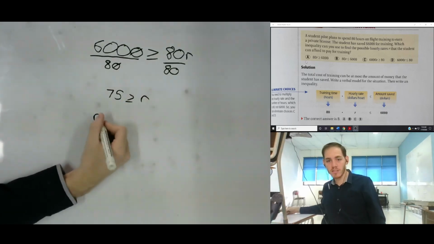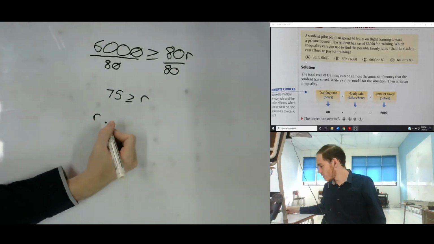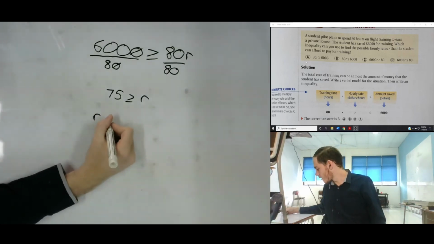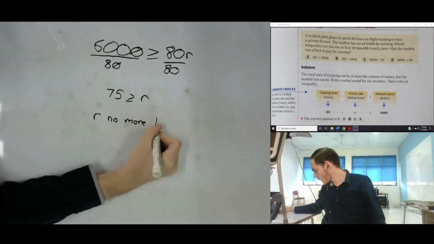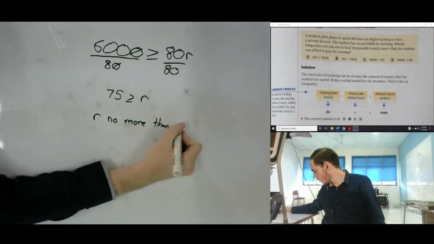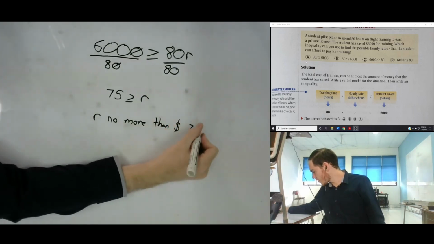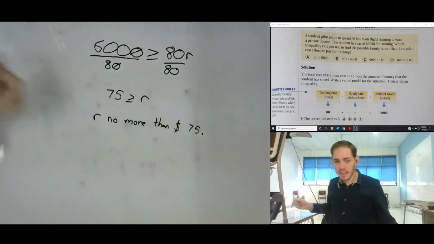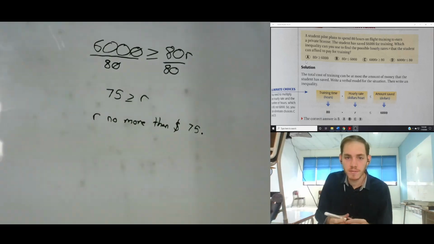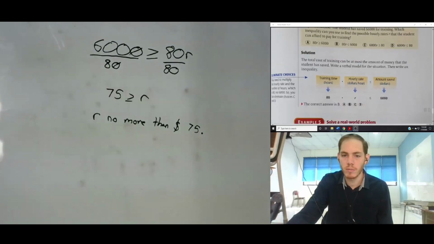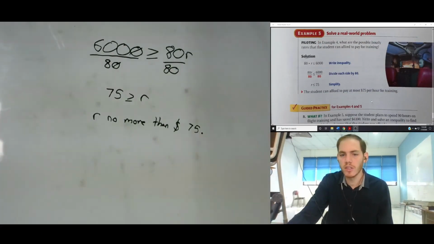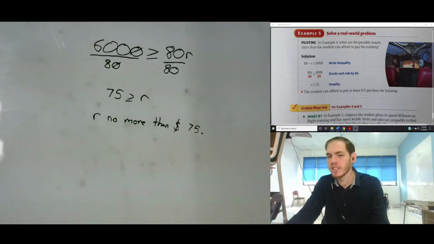So the hourly rate r is going to be no more than $75. Okay, that's our answer. Solving it, we can afford to pay at most, or you can say no more than, $75.